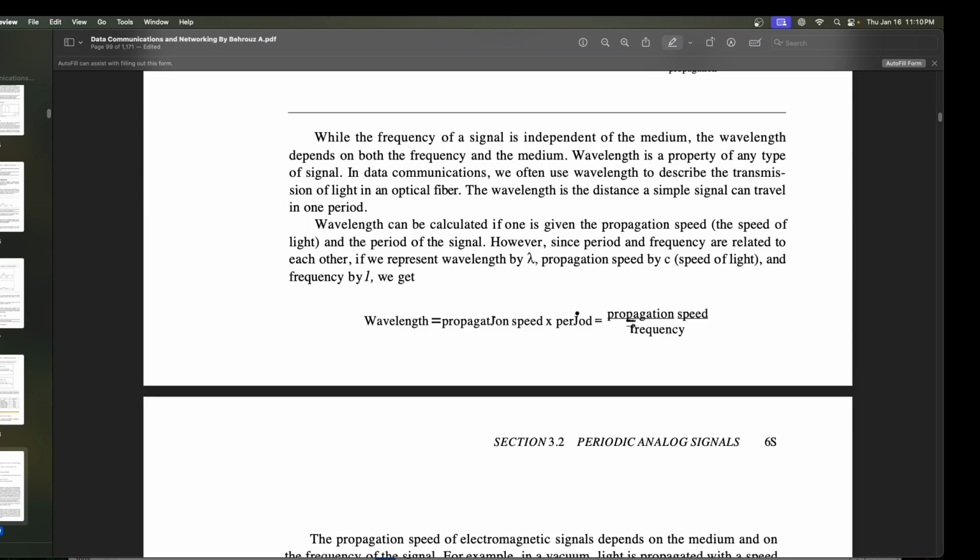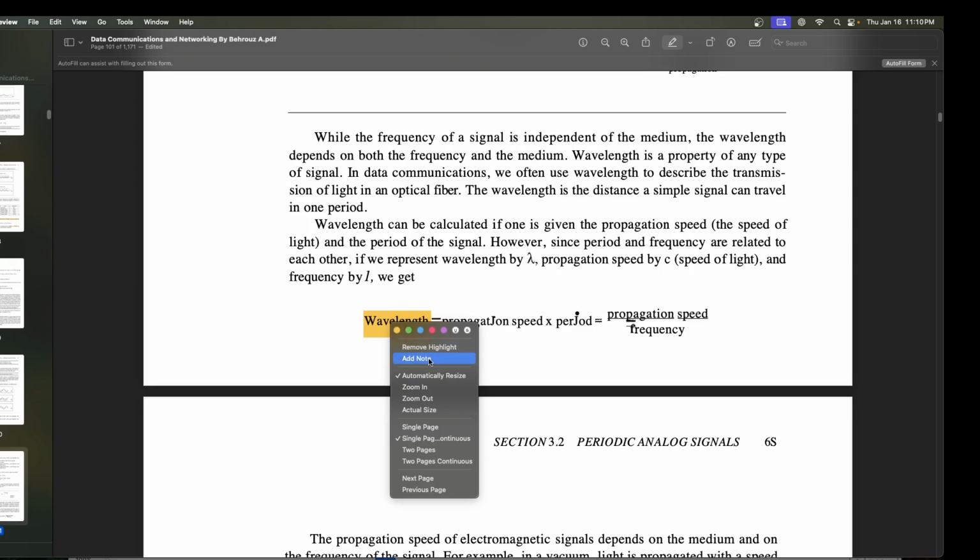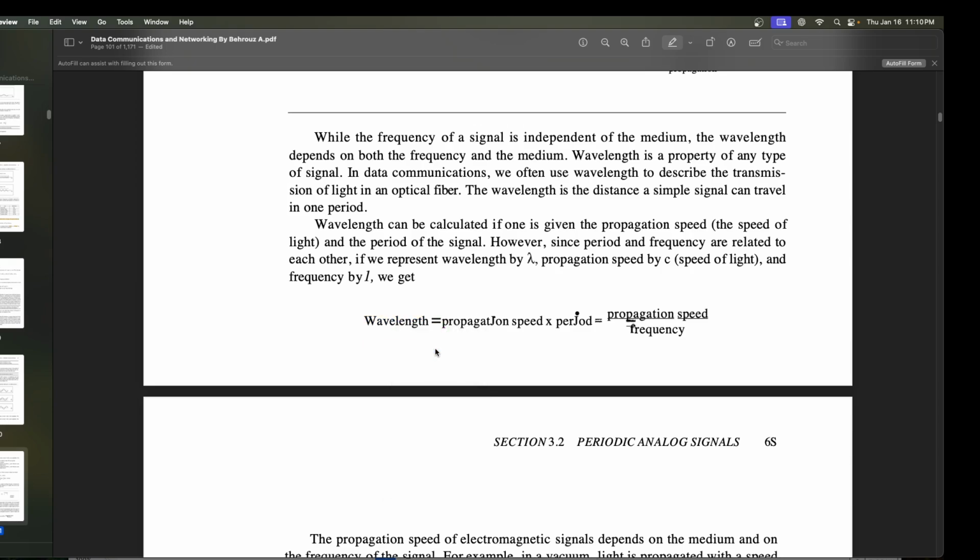So wavelength is given by the propagation speed of light divided by frequency. Basically this is the same formula, speed is distance upon time. So what is the wavelength? The thing that we need to study is what it should be.